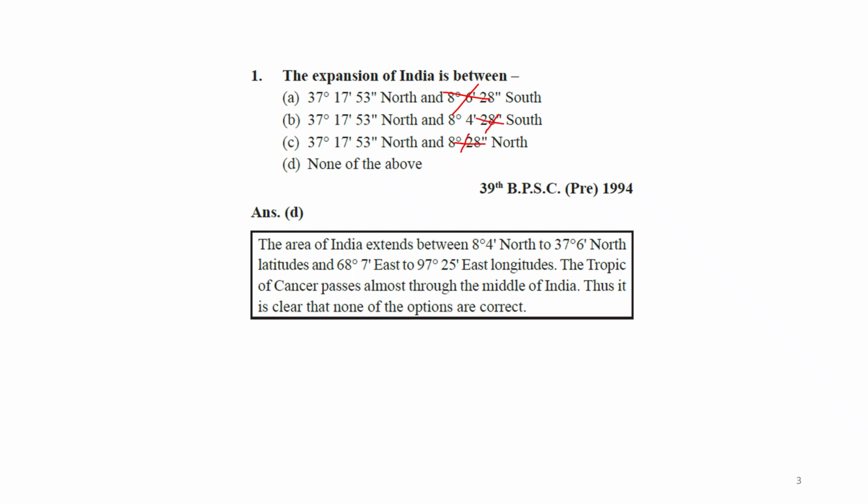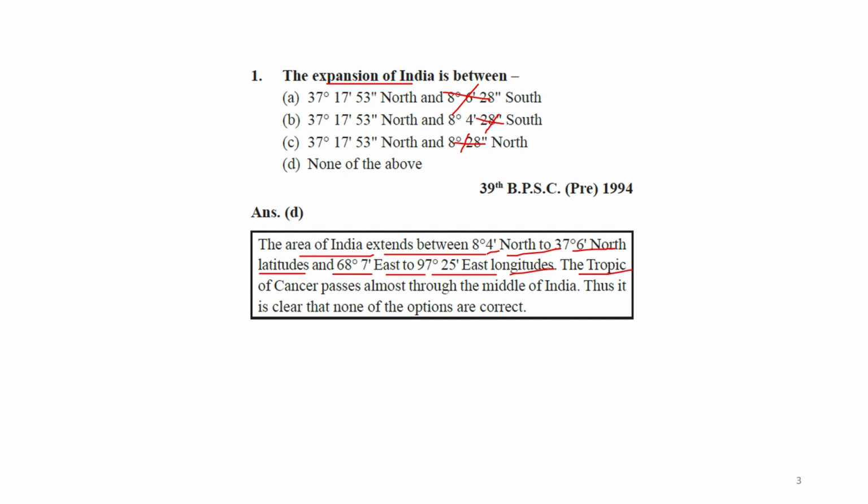The expansion of India is in between, you can read here: the area of India extends between 8 degree 4 minute north to 37 degree 6 minute north latitude, and 68 degrees 7 minute east to 97 degree 25 minute east longitude. This is the actual position of India.